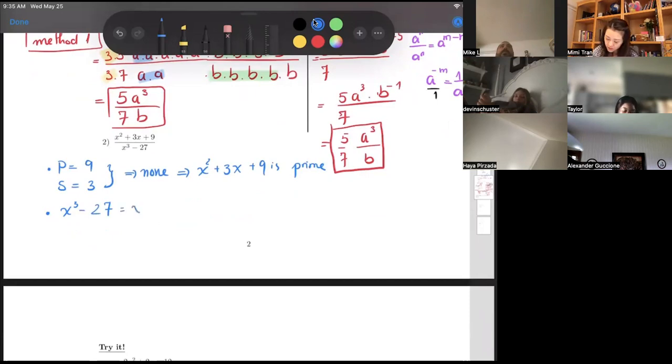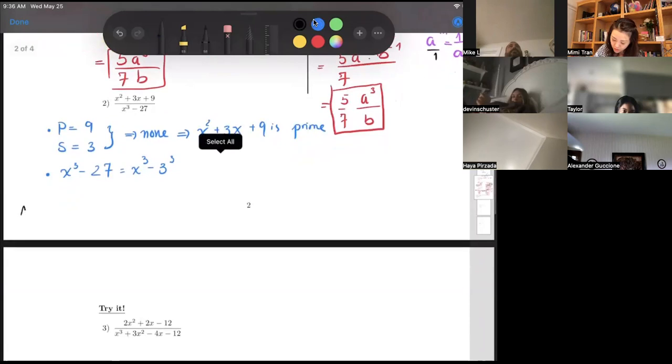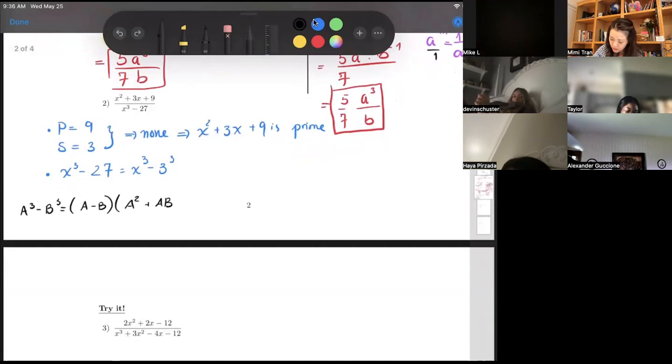Let me change 27 into 3 cubed. It's a difference of two cubes, from your exam 1 or something similar. Remember, a cubed minus b cubed is equal to a minus b times a squared plus a times b plus b squared.